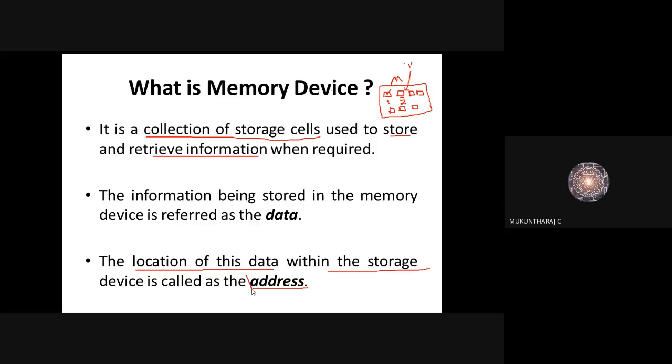With the help of this address, you can select a particular storage cell in a memory device, which helps to store the data where you want. Data is nothing but the information which is going to be stored in the memory device, and the address says the location where it should be stored.